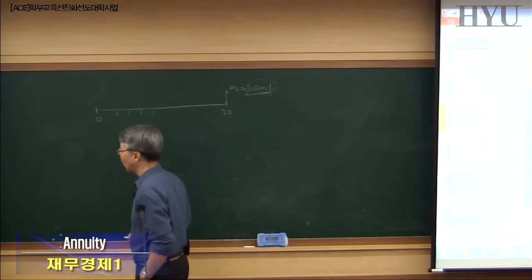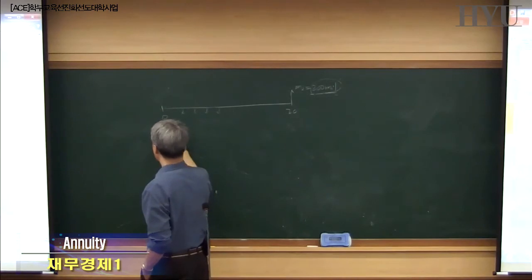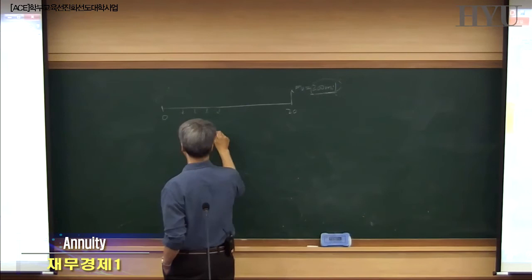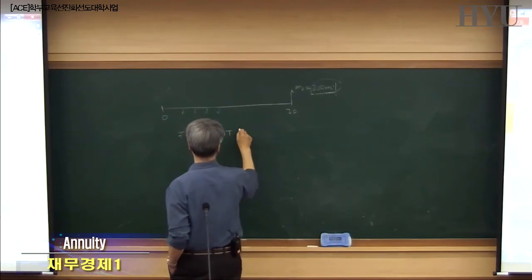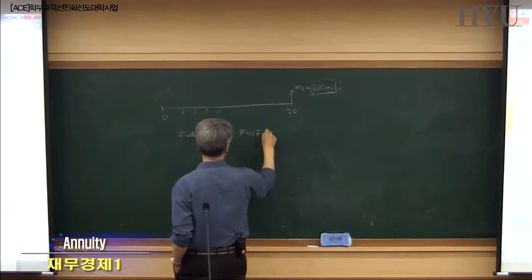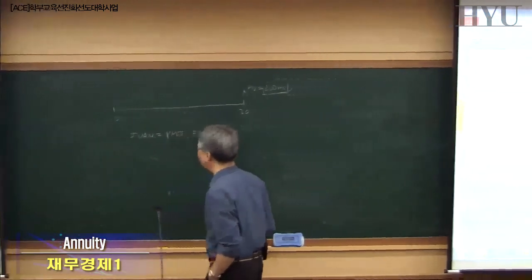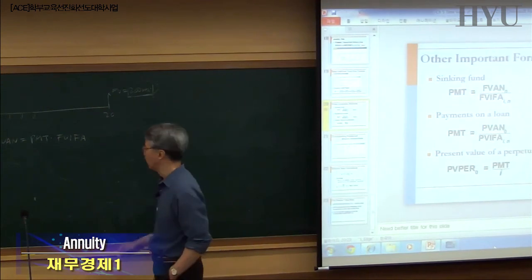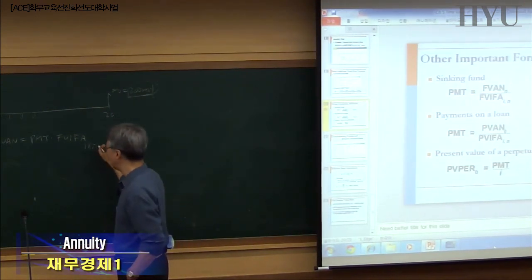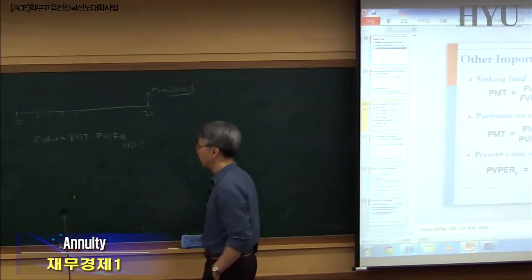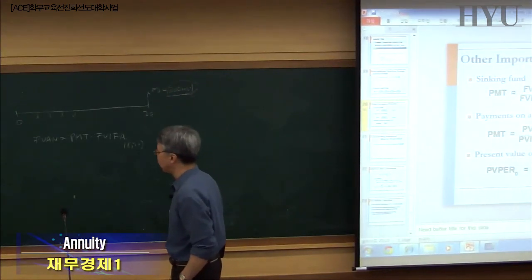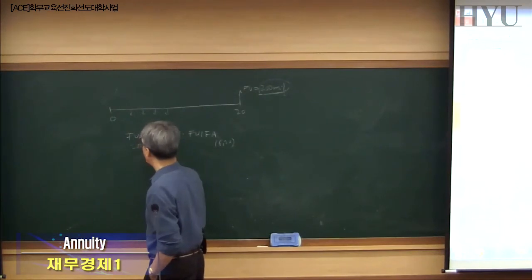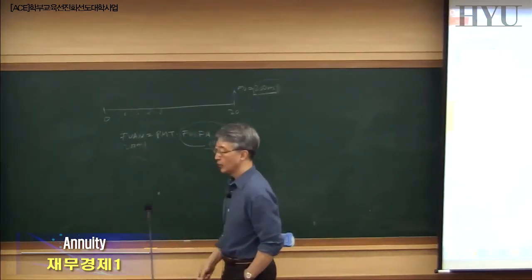So you know how to calculate it. The future value of an annuity is payment times FVIFA. And let's say the current market interest rate is 8%, and it's 8% for 20 years. So we know this value, that's $200 million, and this you can find from the table.